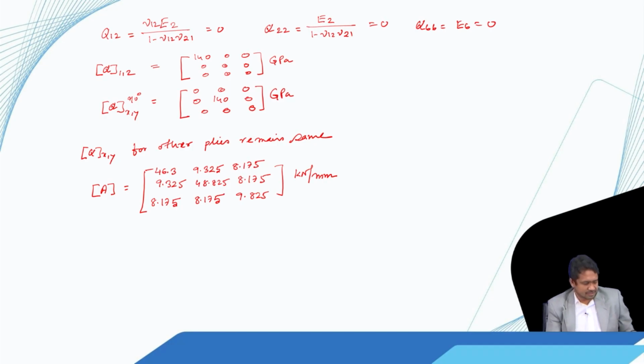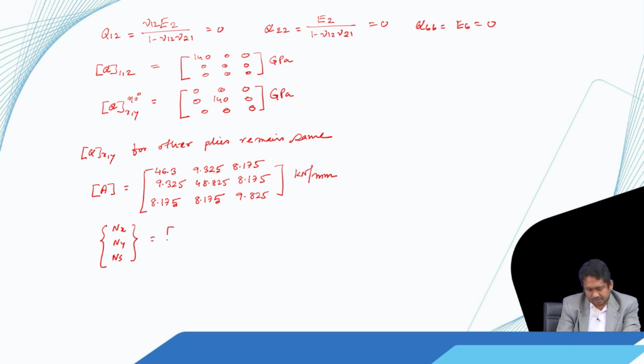So, with this we can again find out the epsilons. So, we know that Nx, Ny, Ns is equal to A matrix into epsilon x, epsilon y, epsilon s.